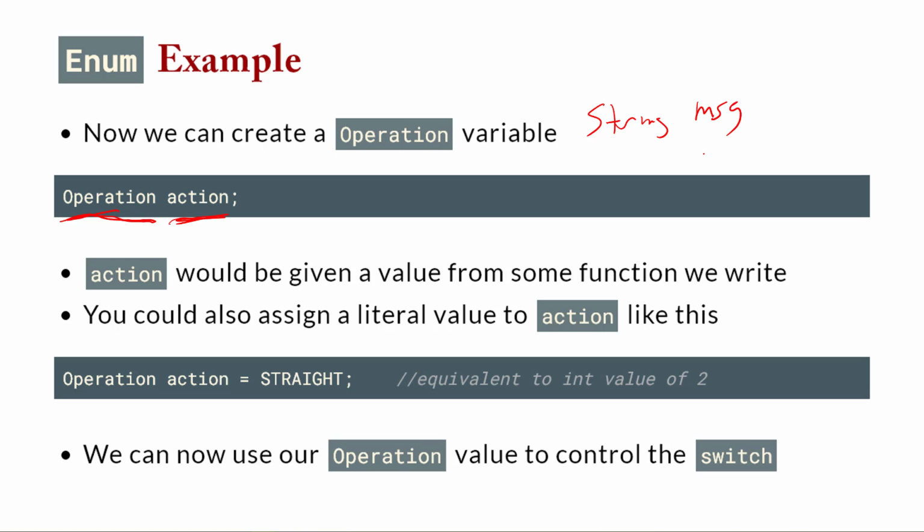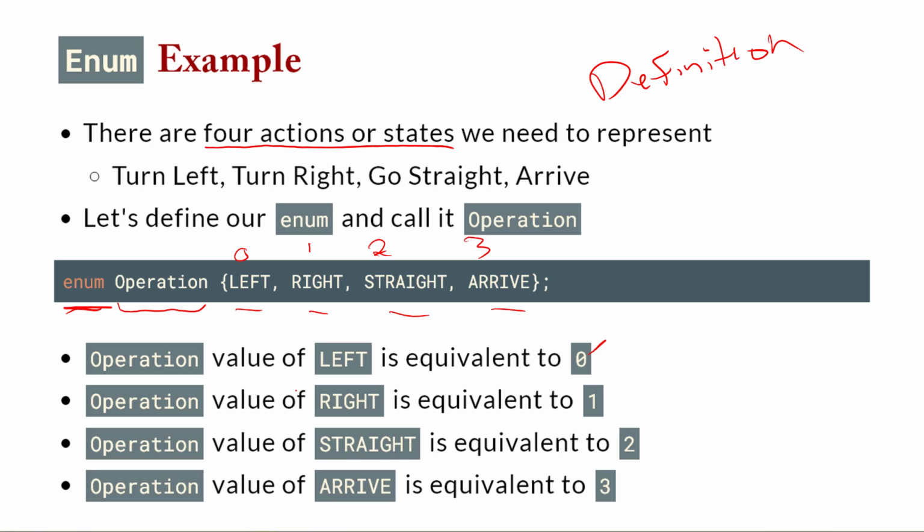And so now you have to imagine that somehow in your code, you're going to give a value to operation. And so you might give it the value of straight. Now, where does straight come from? Straight was one of the values we established right here. So I can give it the value of straight.